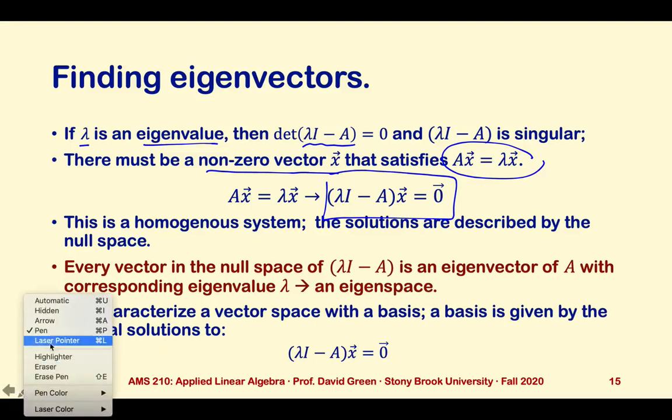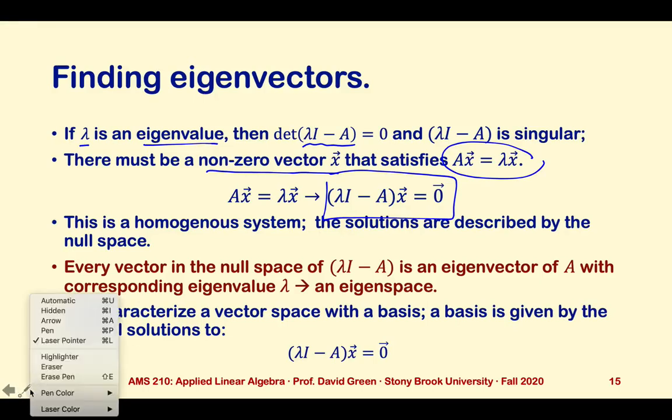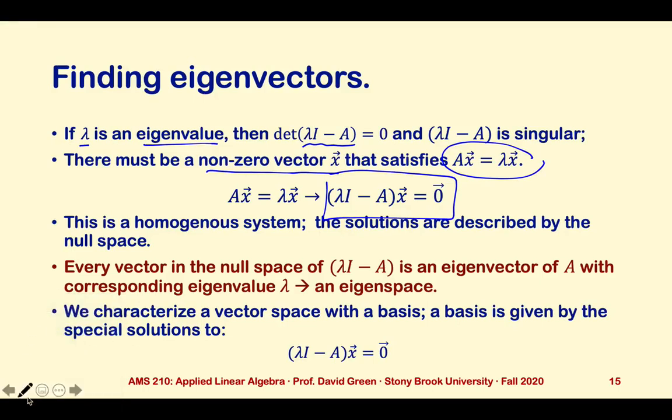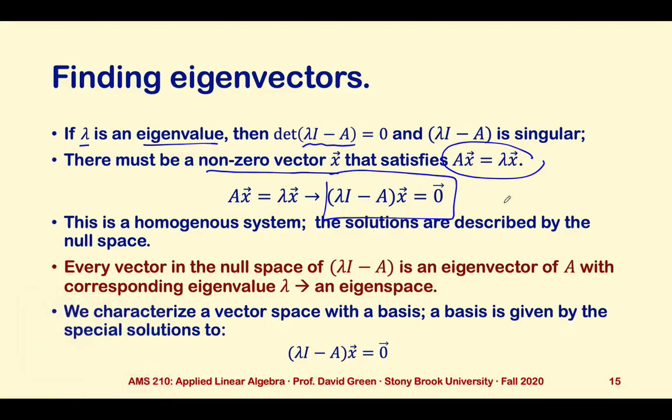But what is this expression? We just saw it in one of the previous slides. This is really just Mx equals 0, with M equals lambda I minus A. It's a homogeneous system.